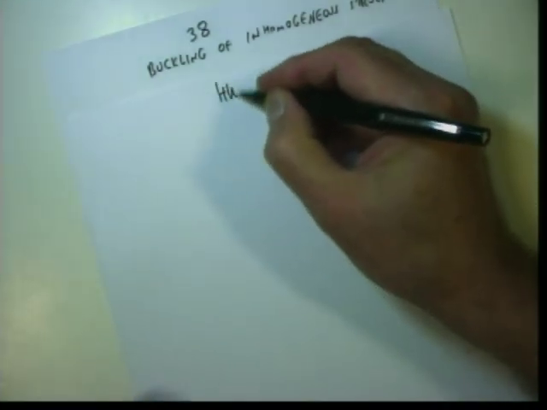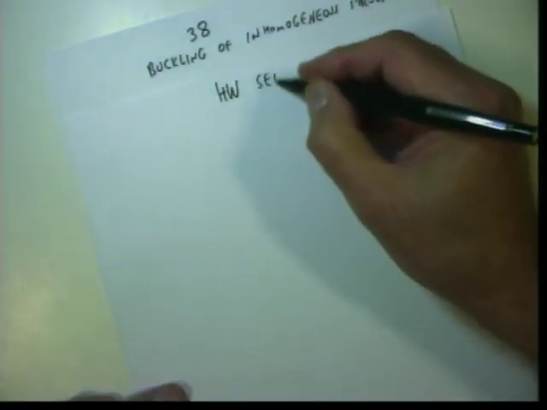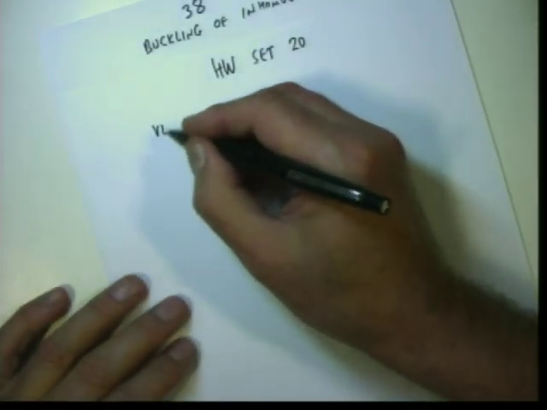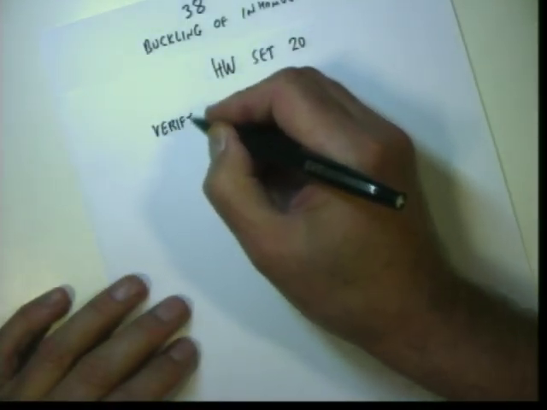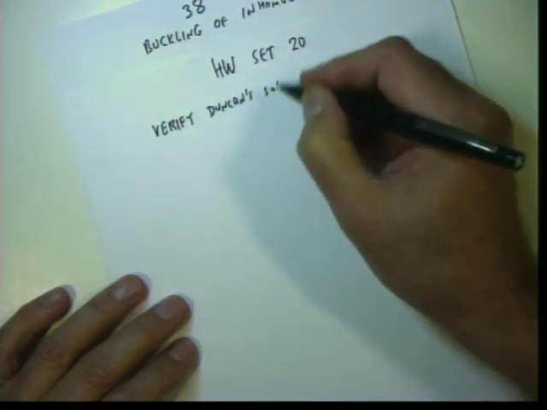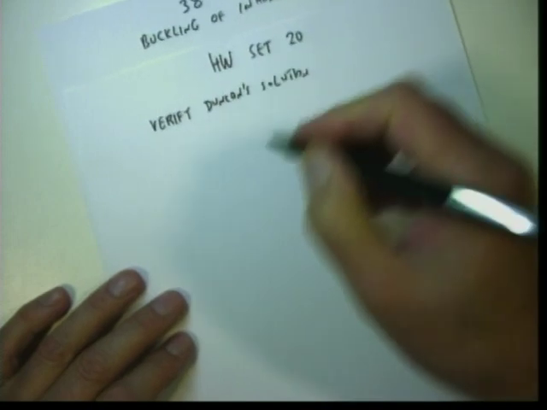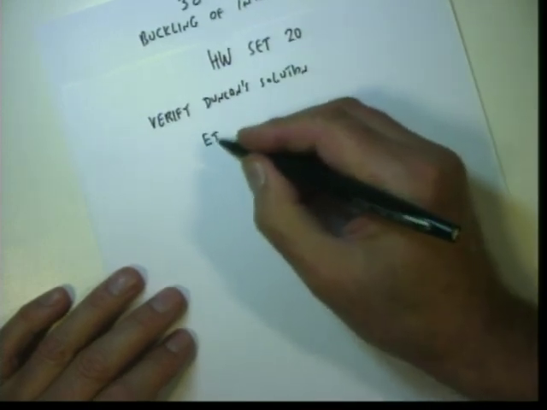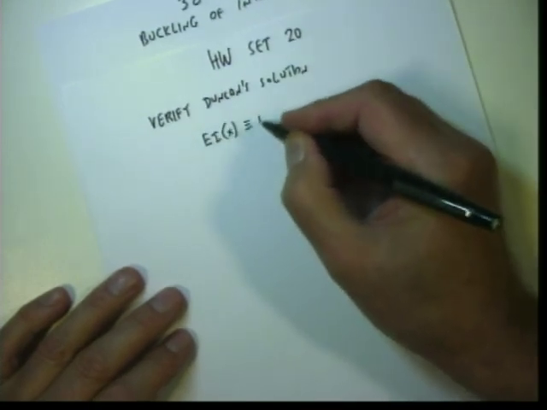So I will start with homework assignments. What is our homework set number? 20. Okay, so verify Duncan's solution. Means EI of x is denoted as D of x.